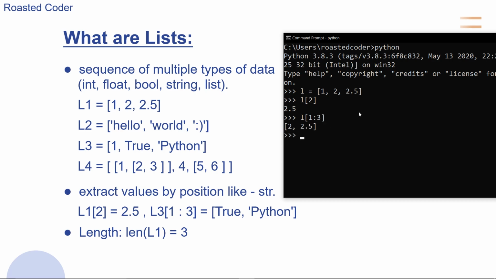You can see 2 is from index 1 and 2.5 is from index 2. Now we can find the length of the list using the len function. We can just see the length of L will be 3.